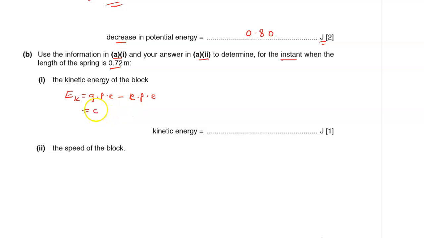In this case, 0.80 minus 0.64, which had shown up there. Therefore, the difference is 0.16 joules, which is the kinetic energy.